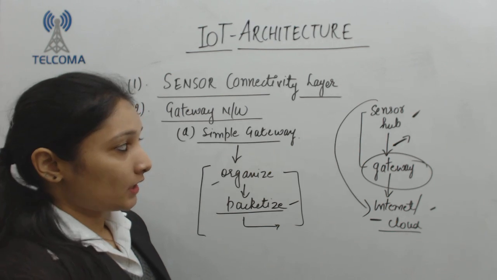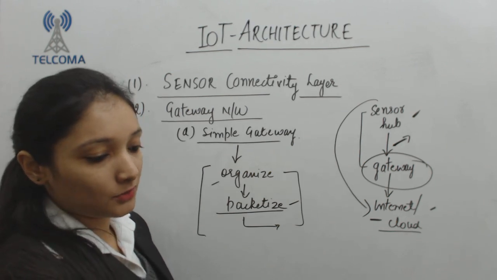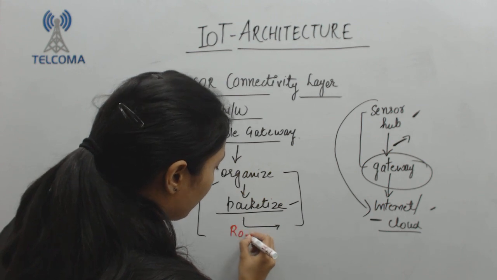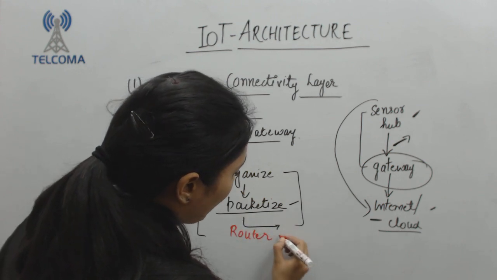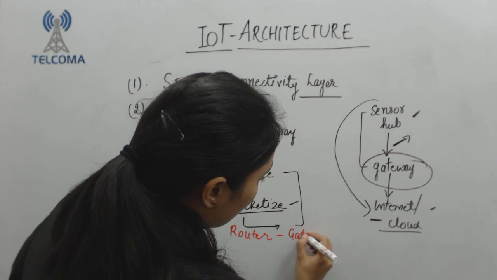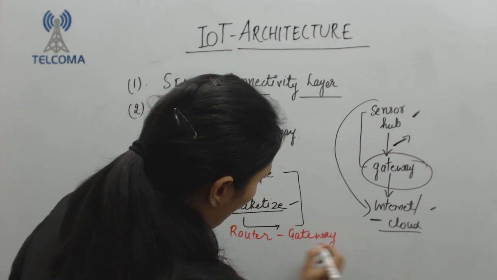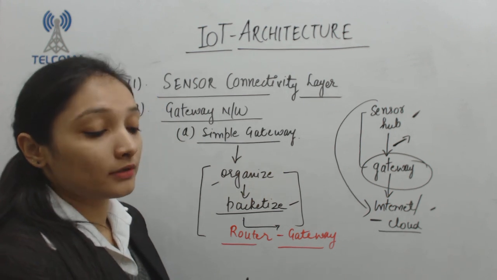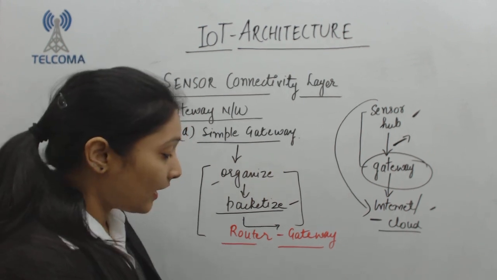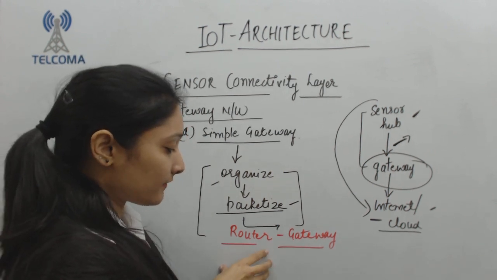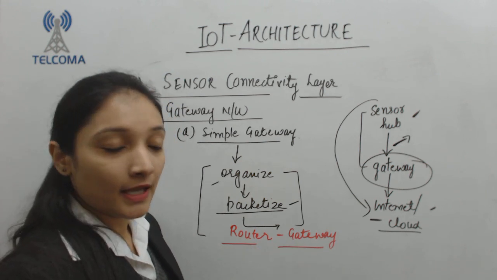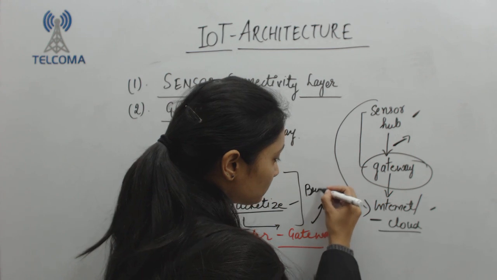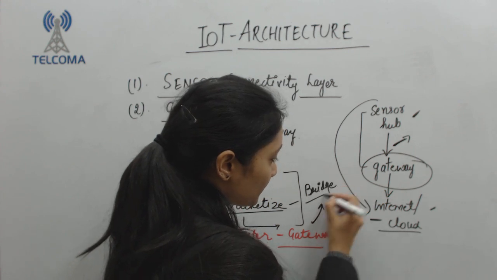Now there is a need to differentiate between the router and the gateway. A router is basically used to forward a similar kind of traffic, and routers are used to connect devices that have a similar interface. But a gateway acts as a bridge.